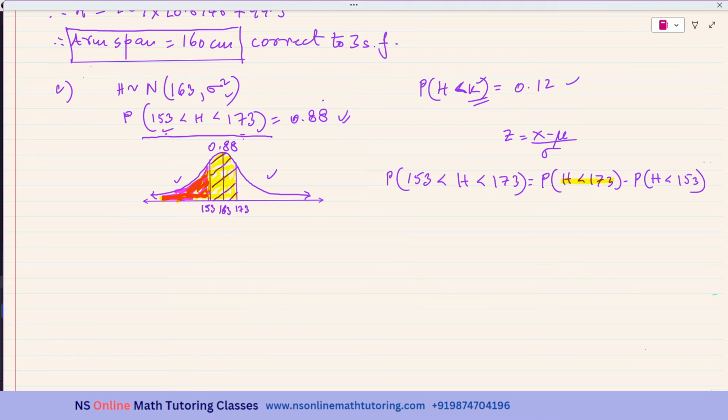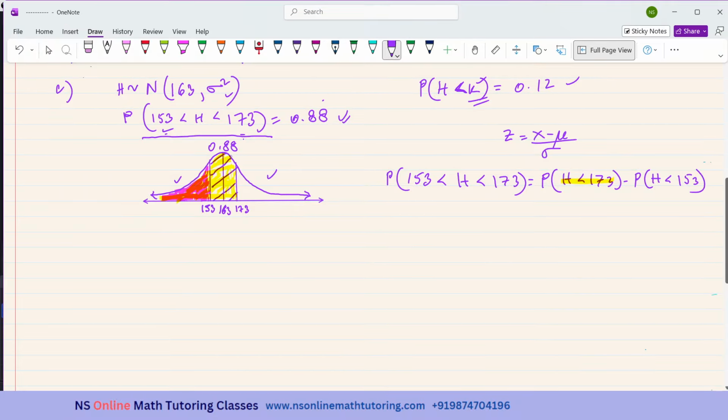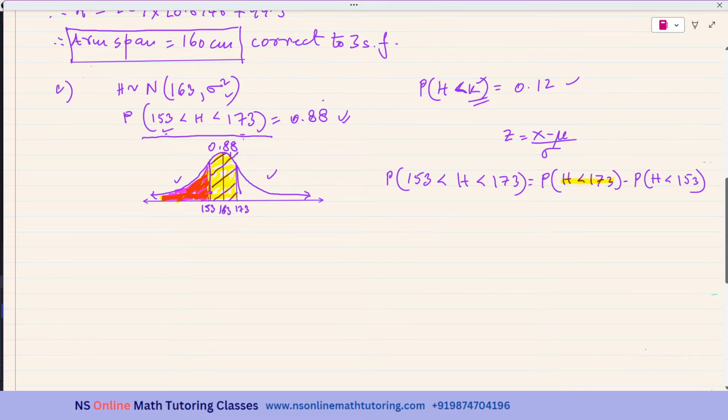So the yellow portion minus this pink, it is actually pink, but it is appearing to be somewhat red in color because it is over the yellow color. So is this portion, which is P of H greater than 153 but less than 173. So this is equal to P of H less than 173 minus P of H less than 153.